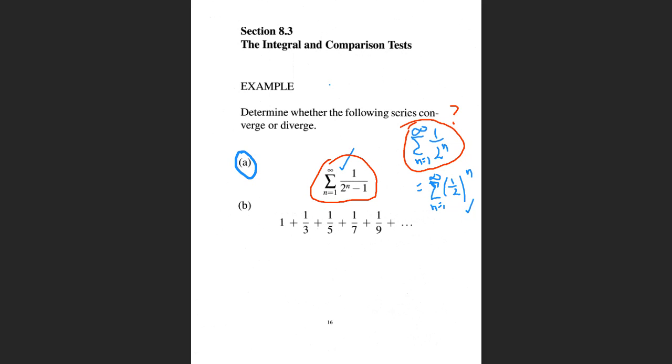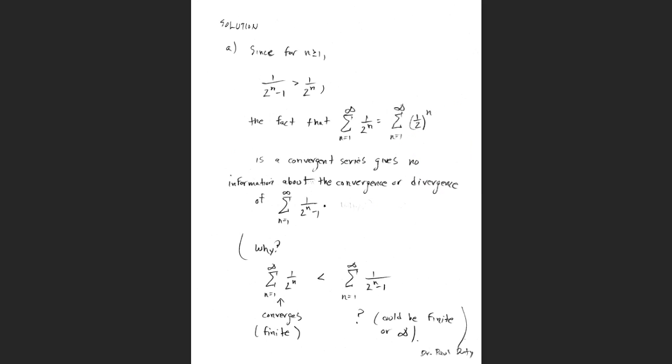All right, let's go ahead to the solution for part A. Our series, the a sub n term, is 1 over 2 to the nth power minus 1.